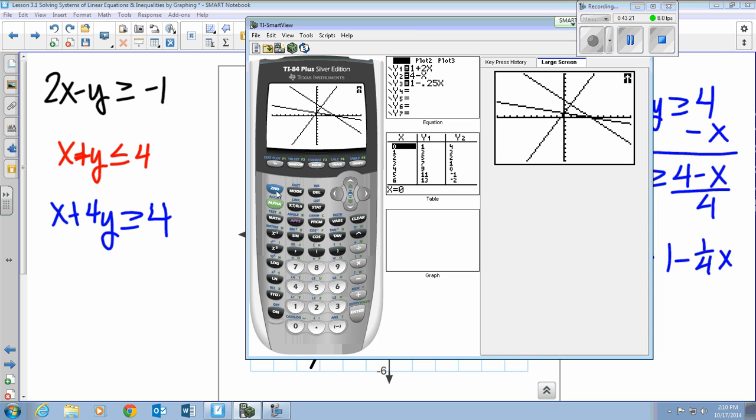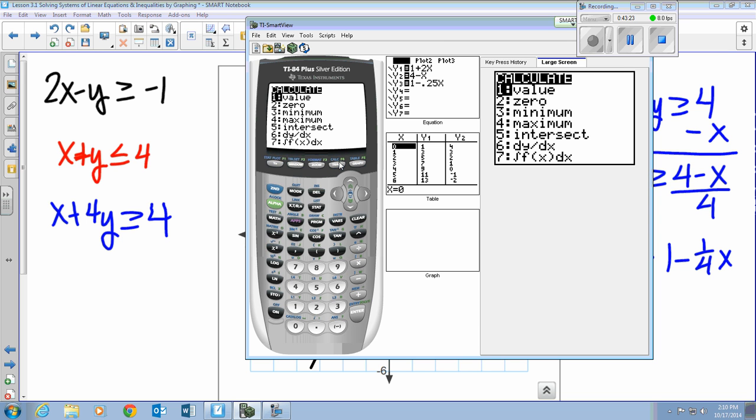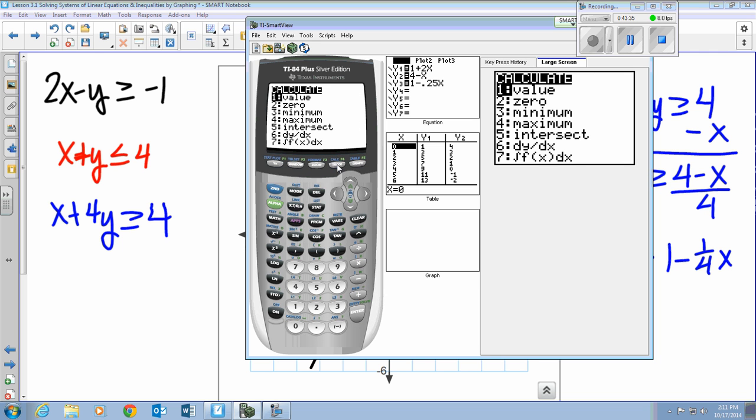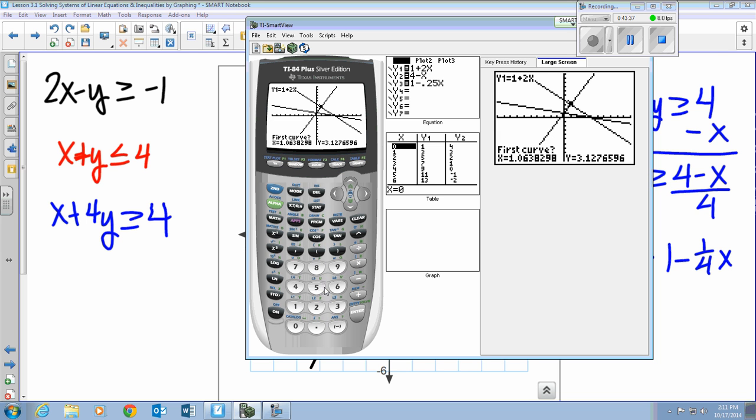So if I go second trace, number 5, enter, enter, enter. There's what I told you not to do. It's my uncalibrated board. It makes this a nightmare. You see where I'm pushing? I'm pushing here.